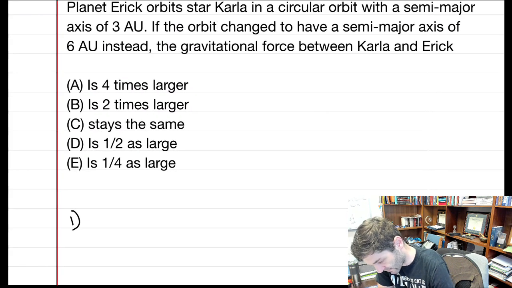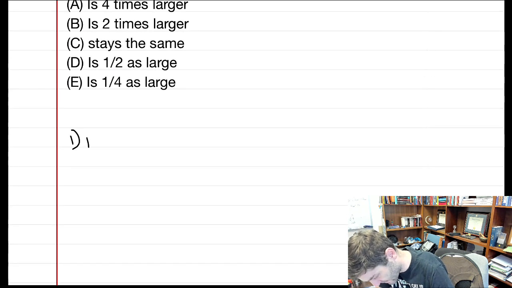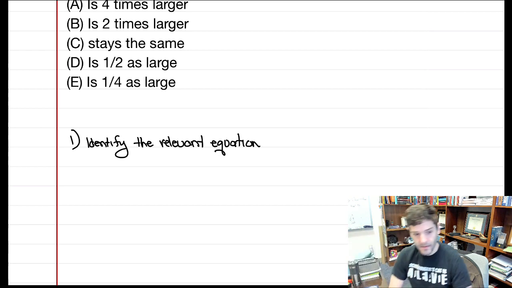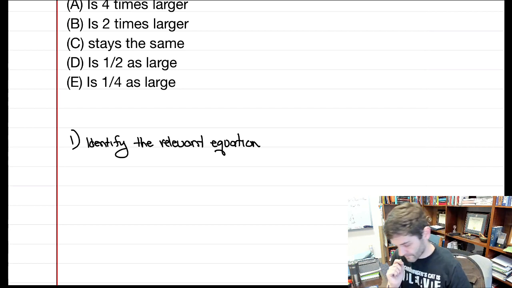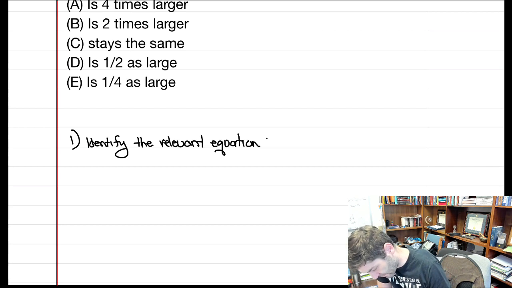So again, before I get ahead of myself, step 1 is to identify the relevant equation. In this case, we are talking about the gravitational force, so the relevant equation is that the gravitational force F is equal to some constant G m1 times m2 divided by d squared.